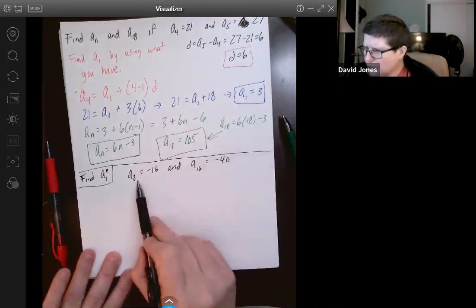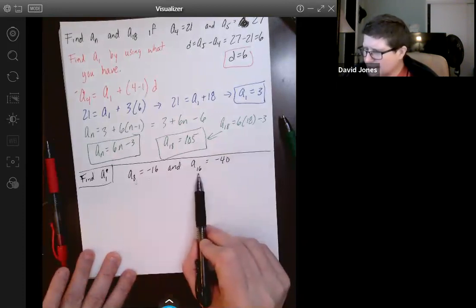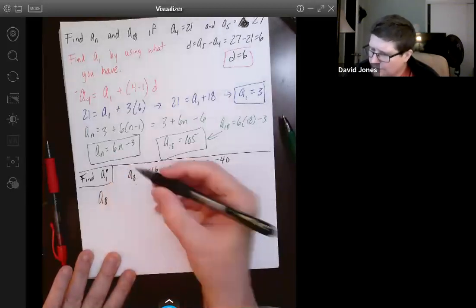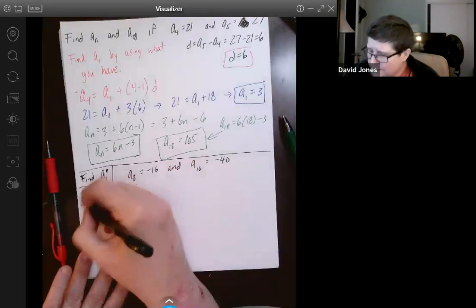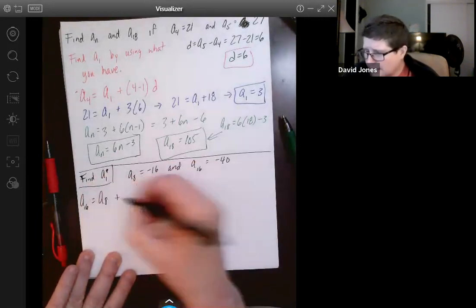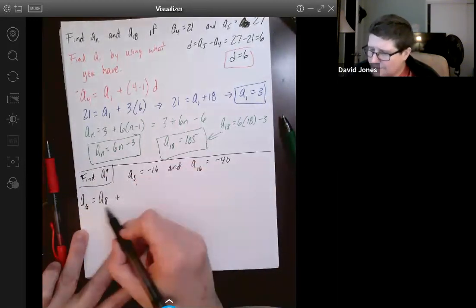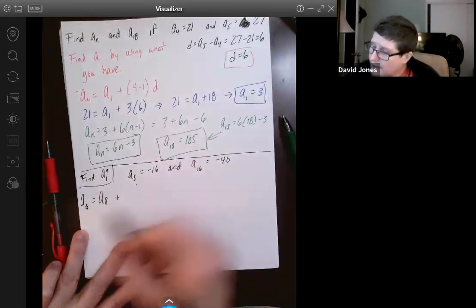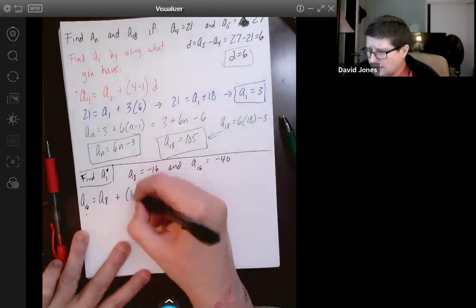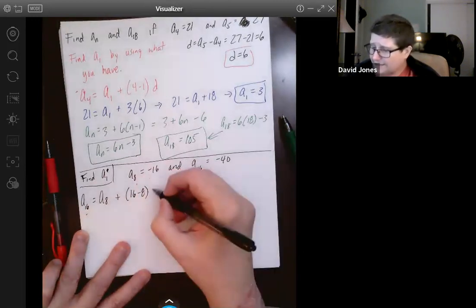So we know to go from a sub 8 to a sub 16, a sub 16 has to equal a sub 8 plus 16 minus 8 times the difference.